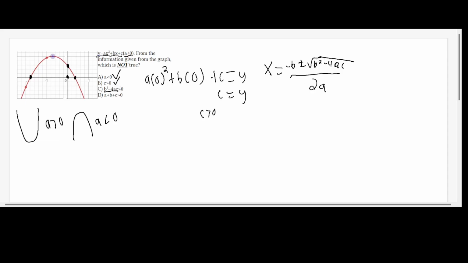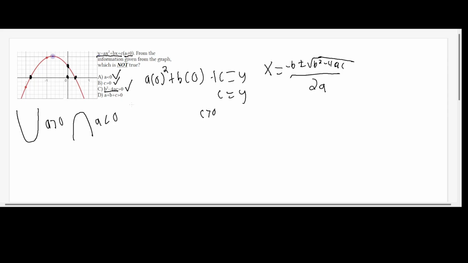Let's assume if it is 0, there's only one answer, negative b over 2a. If it's greater than 0, there's two answers, which in our case, there's two answers, okay? There's two spots where it touches the x-axis. If it's negative, then there'll be no part where it touches the x-axis. So, it has to be C that is correct. So, D is the incorrect one.